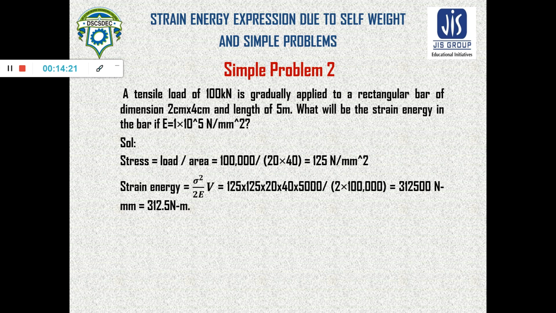Now the second problem I have given as an assignment, so I will discuss it. See what is given here. The tensile load of 100 kilonewton is given, but it is gradually applied.